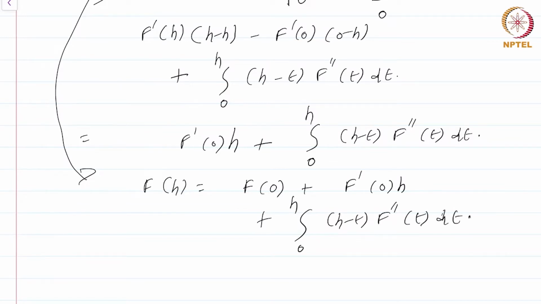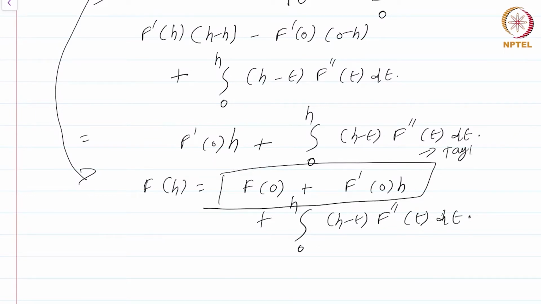Okay, so we have got some sort of approximation of f of h. Note that this is a Taylor polynomial, and this is the remainder.